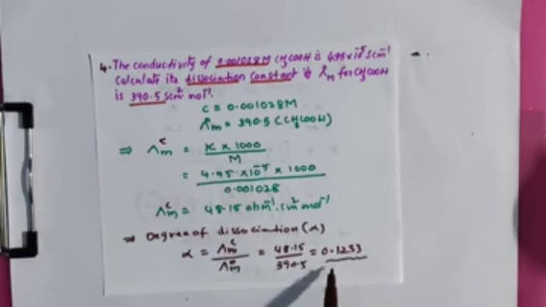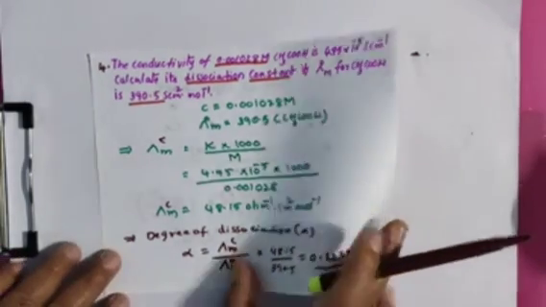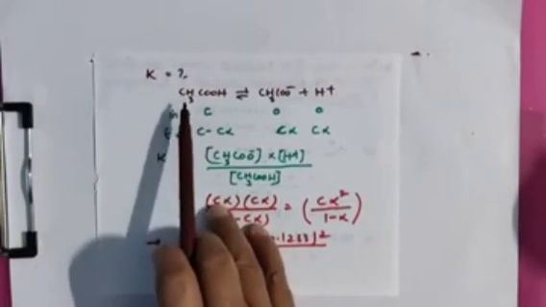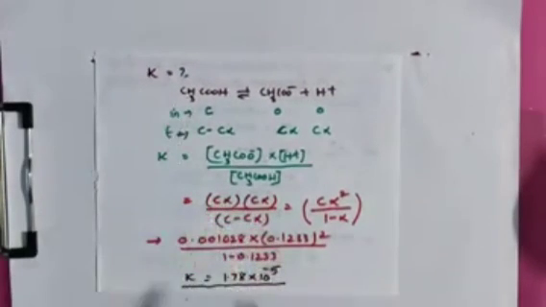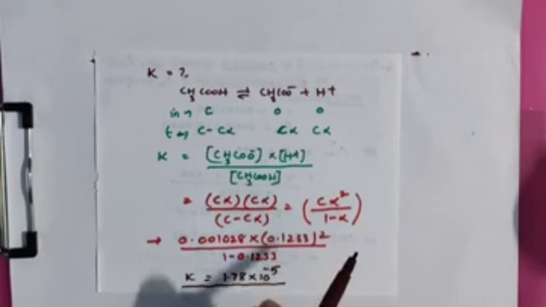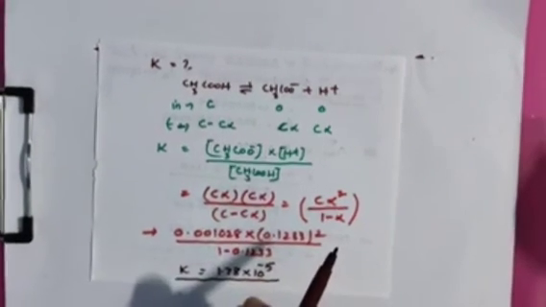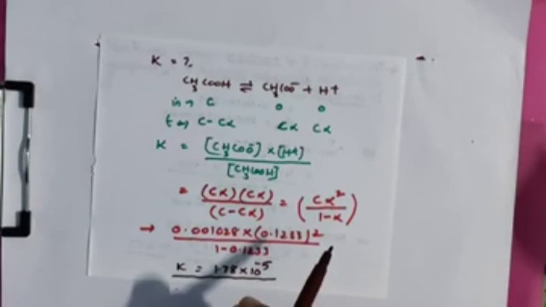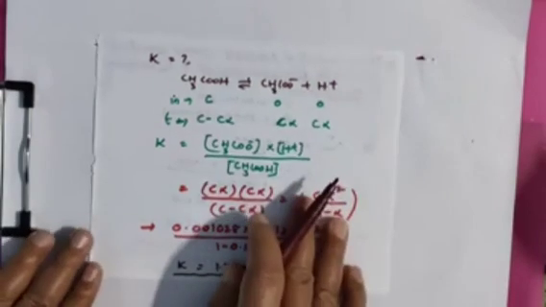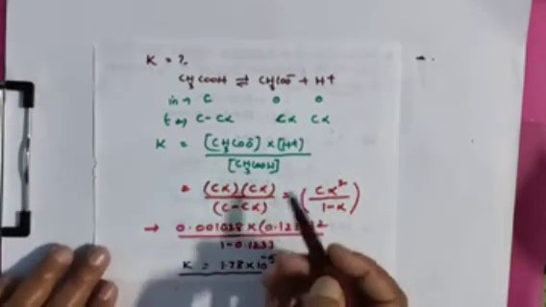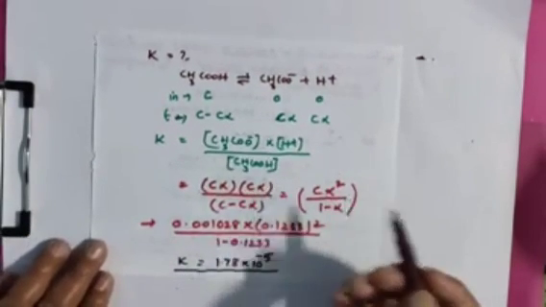From that we calculated alpha value. Like this you can easily solve the problems from Kohlrausch law problems. So based on this you solve few, then it is easy to you.